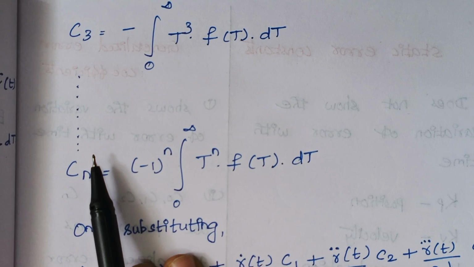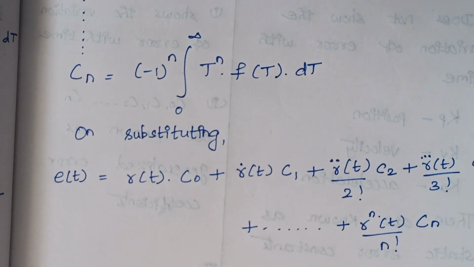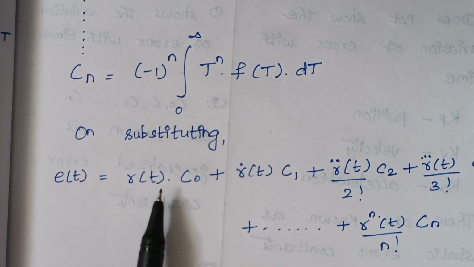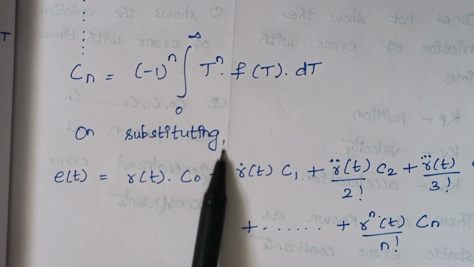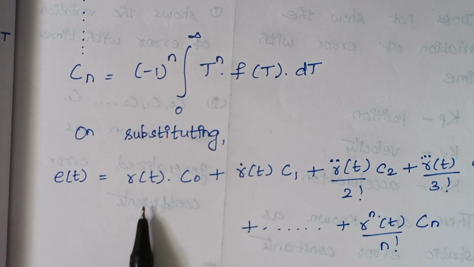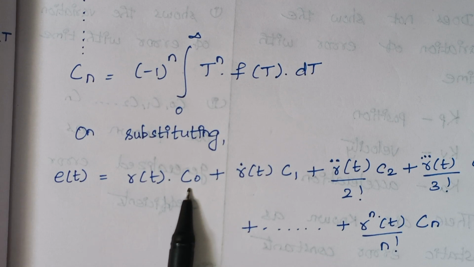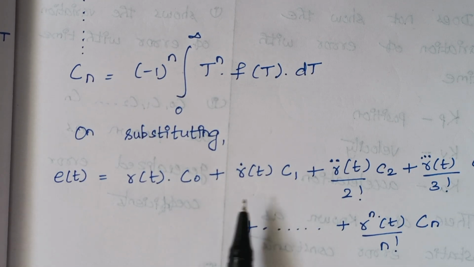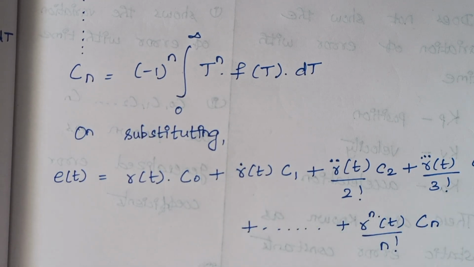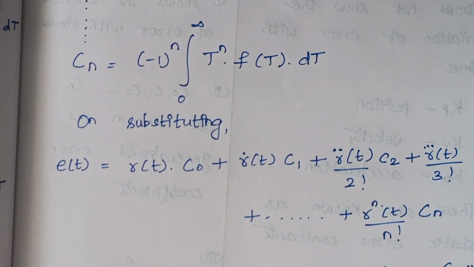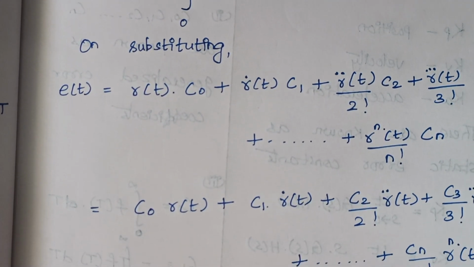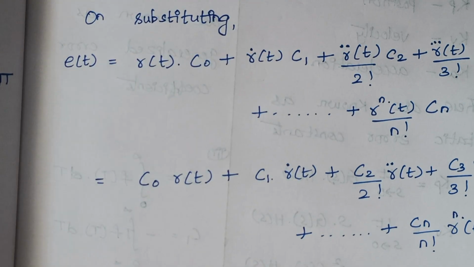So finally, we replace these integral terms by c0, c1, c2, c3, cn, etc. When we replace the terms here, we will have E of t equal to r of t into, instead of the integral from 0 to infinity of f of T into dT, c0, and here c1, c2, c3, and it goes on. So this is our final expression for generalized error coefficients.